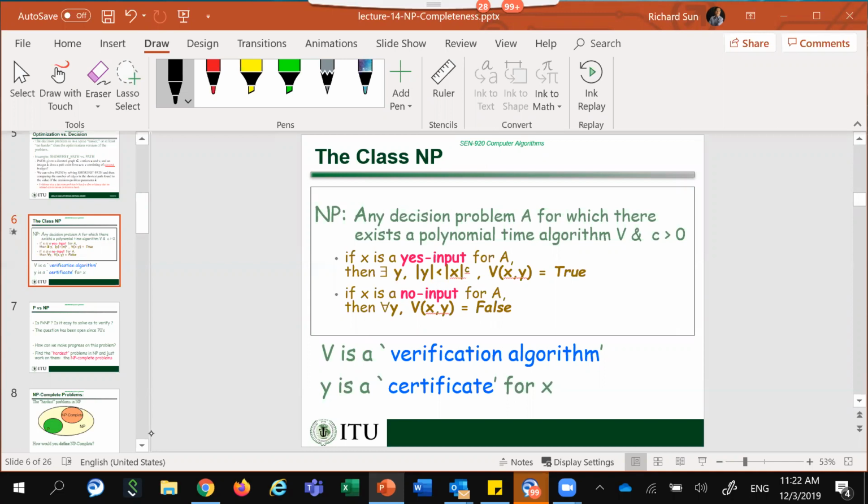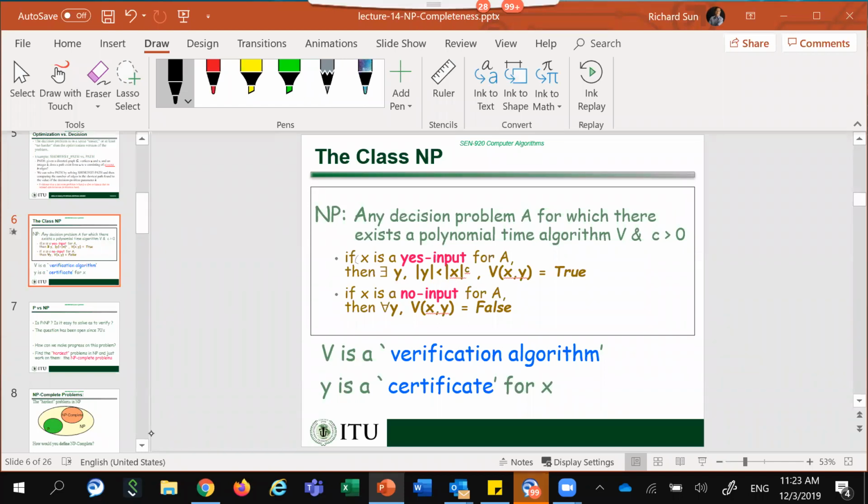So for a decision problem A, let's suppose problem instance x is an instance of A, and the answer to this x is yes, because it's a decision problem. Then there exists a solution y, a guess, that you make.